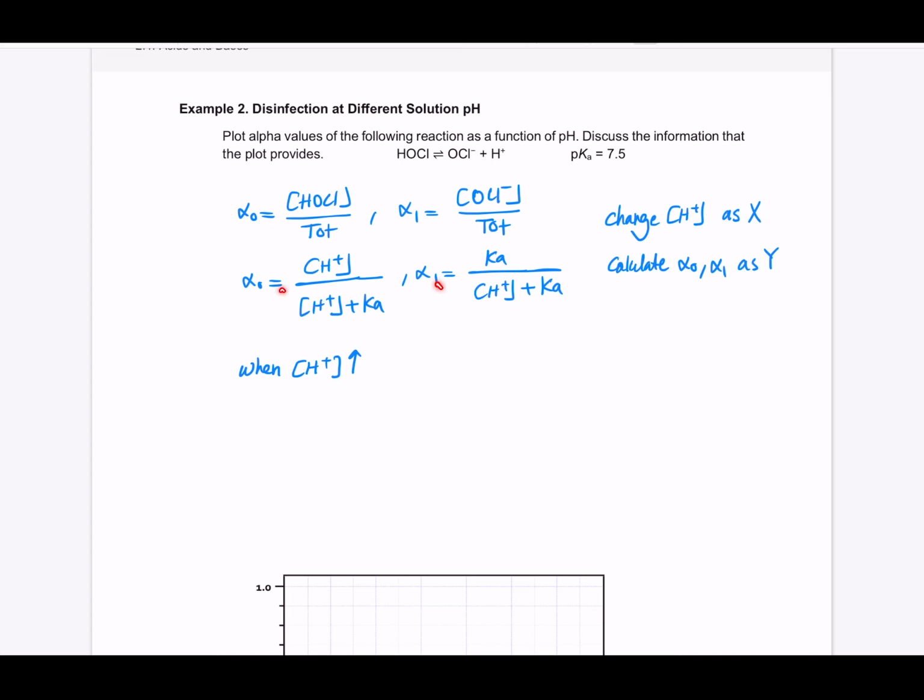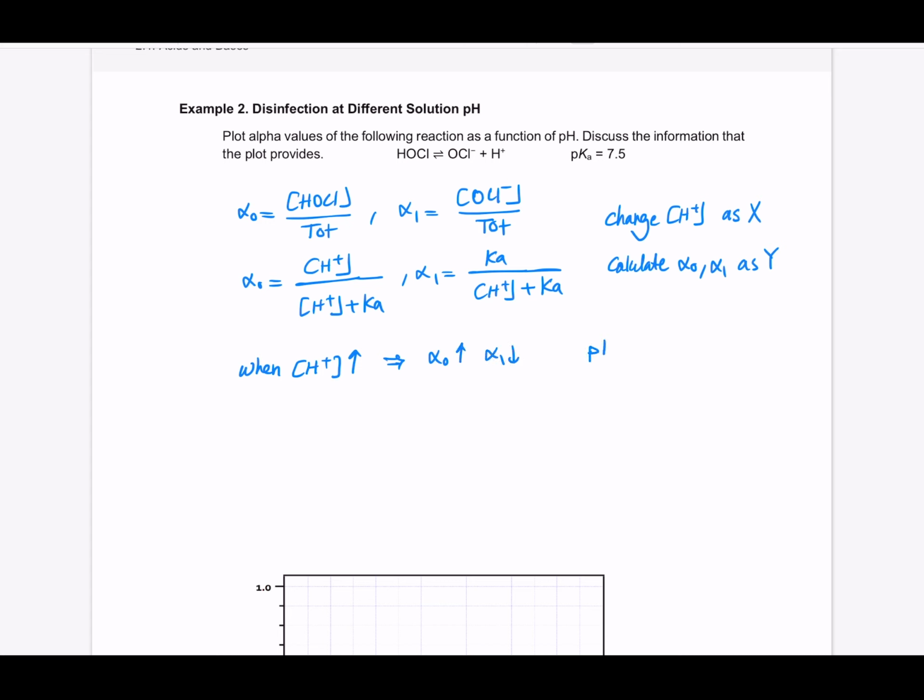We know these two work in opposite directions because the combination is always 1. If alpha 0 is increasing, alpha 1 has to decrease. The simpler one is looking at this one, right? How does it change if we increase H plus? So alpha 1 is decreasing, so alpha 0 is increasing.